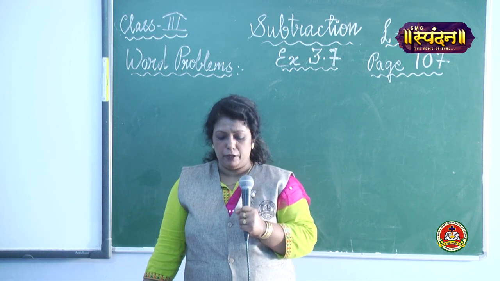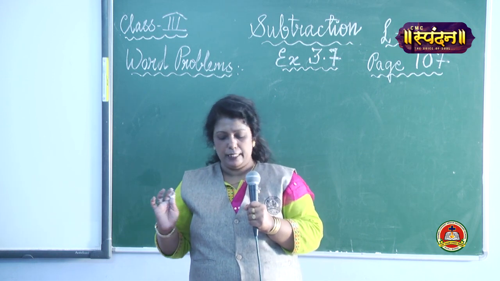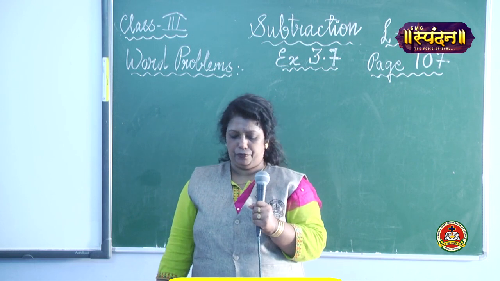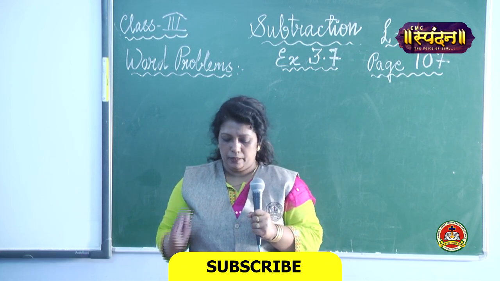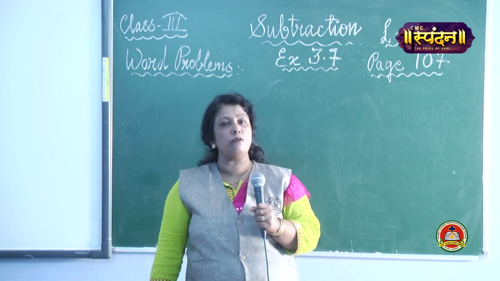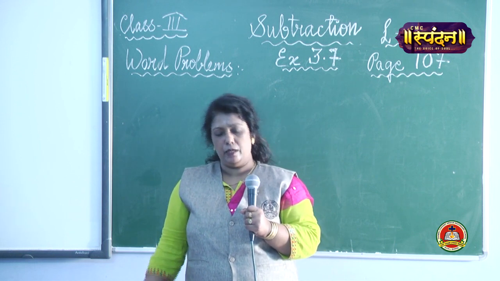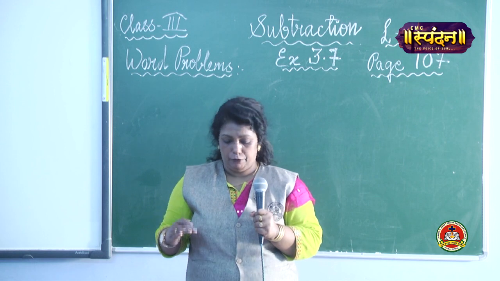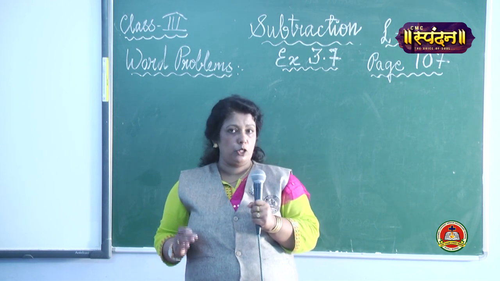So, total number of students we'll write, then 5,345. Then, number of girls. How many girls are there? 2,785 girls are there. Therefore, number of boys. What are we supposed to do?